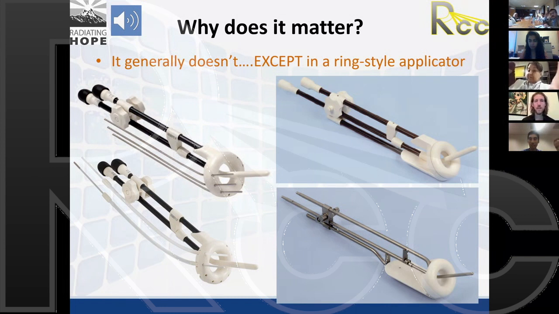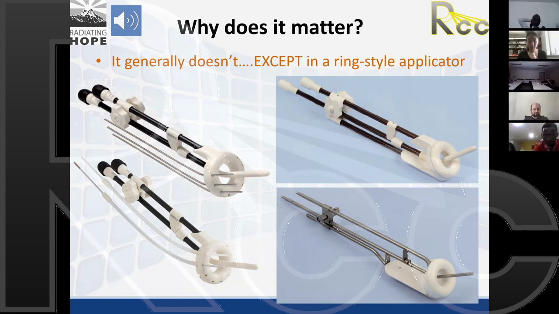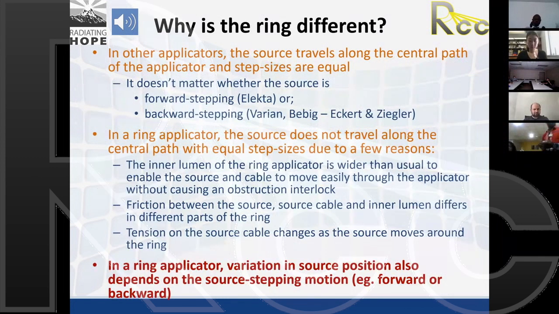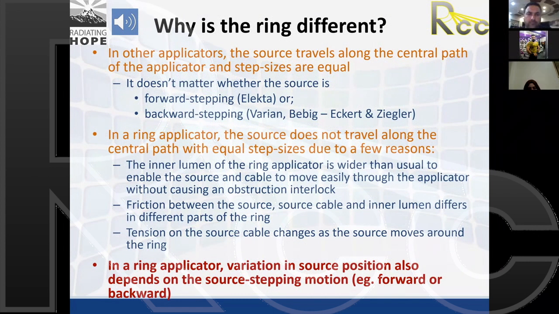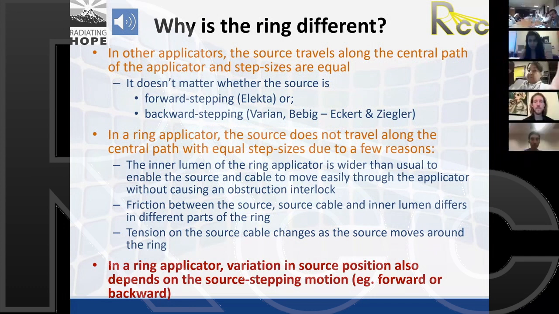But why is the ring applicator different from all the other types of treatment applicators? In other applicators, the source travels along the central path or the centre of the inner lumen, and the step sizes of the dwell positions are equal. So it doesn't matter whether the source is forward stepping, like in an Elekta or Nucletron machine, or backward stepping, like a Varian or BEBIG type afterloader.